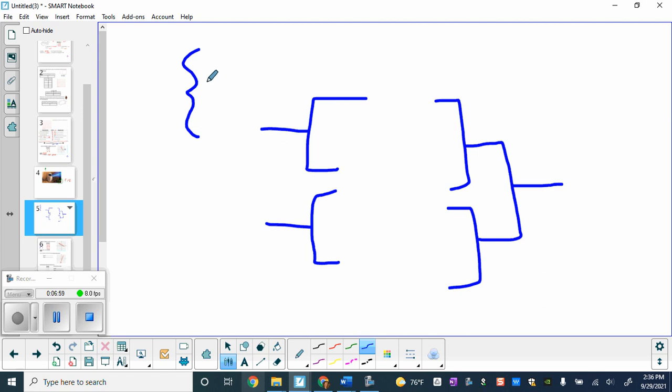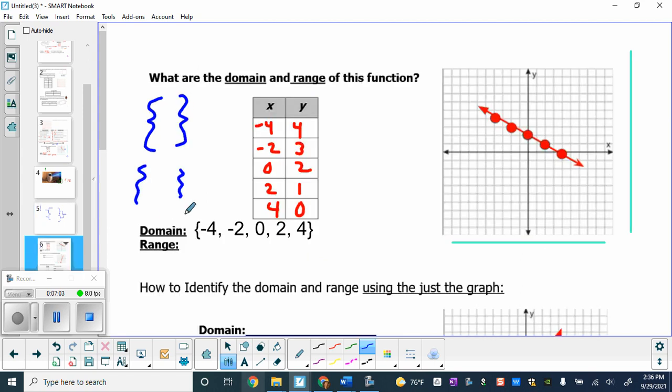You've also heard of brackets and braces in your mouth, which is kind of funny. But when we're listing the domain and range, we do put them in braces. So here, let's look at the range together. It's going to be from least to greatest, this 0, 1, 2, 3, 4. You always want to identify domain and range and list them from least to greatest.